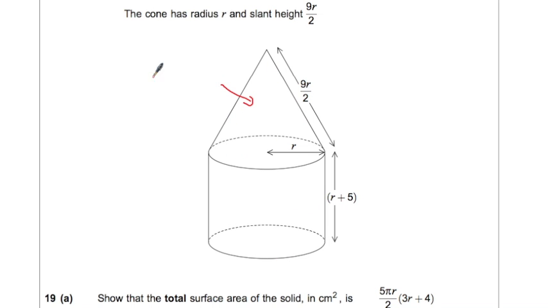The surface area of a cone is pi r l. In this case, r is r and l is 9r over 2. So in total, we've got 9 pi r squared over 2.